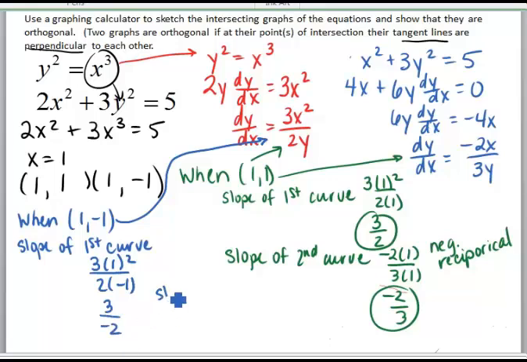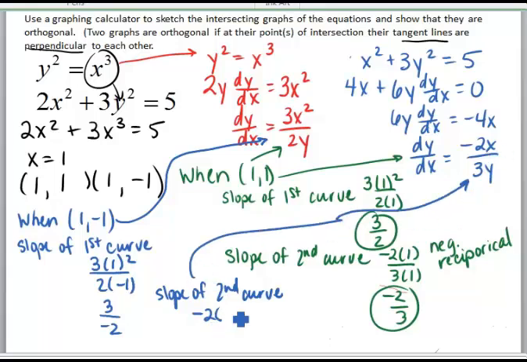And the slope of the second curve, when I plug in 1 for x and negative 1 for y, gives me negative 2 over negative 3, which is 2/3.